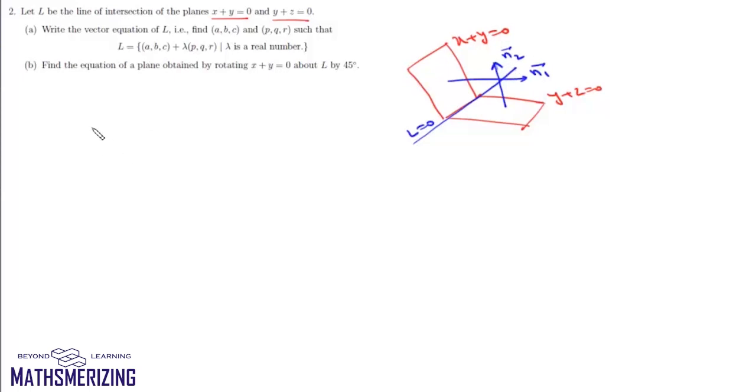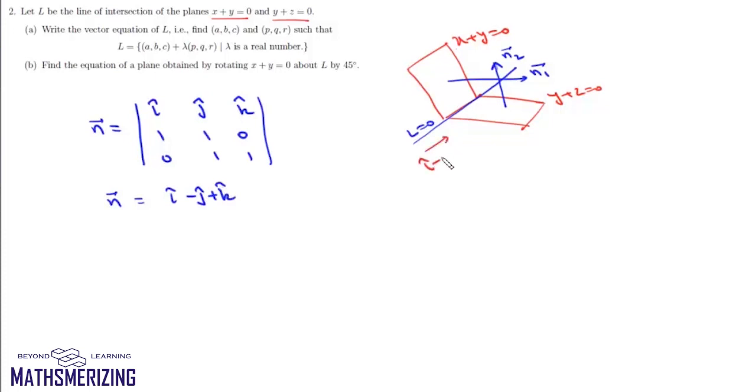We can find the direction ratios of this line as this determinant i, j, k, and then n1, which is 1, 1, 0, and then n2, which is 0, 1, 1. So we'll get this n as i − j + k. So the vector in the direction of this line is given by i − j + k.